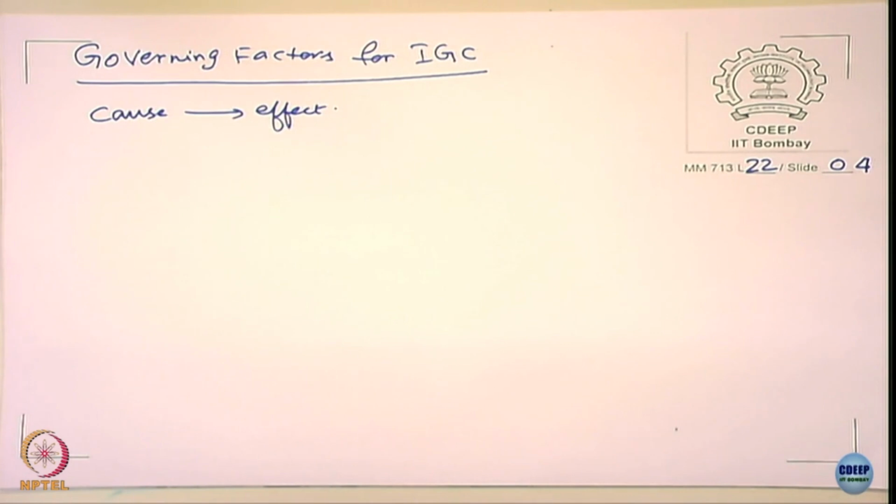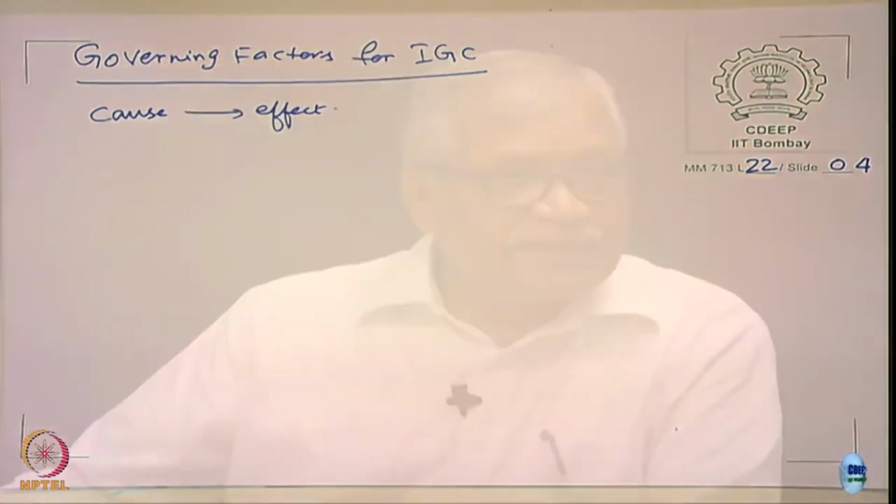What is the cause? The cause is subjecting to some heat treatment leading to chromium carbide formation. The effect is corrosion along the grain boundaries. That is what. So the primary reason is the chromium carbide formation along the grain boundaries.